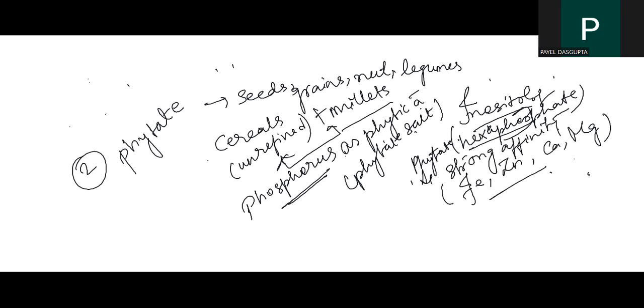They will be having strong binding affinity towards these, right? So what happens if they are binding these? When the phytate is getting bound here, they result in insoluble salts.